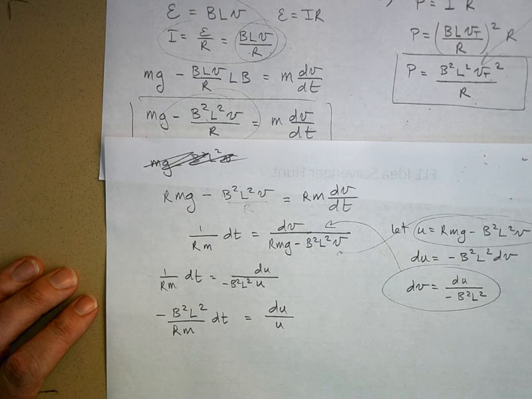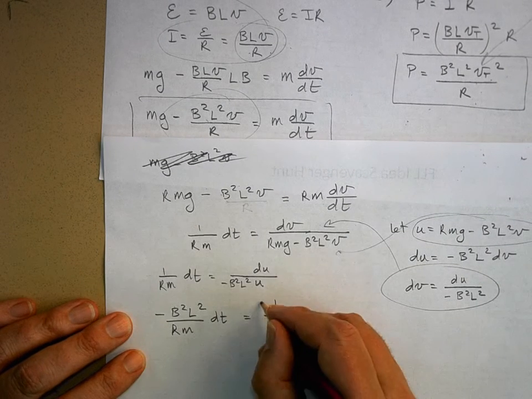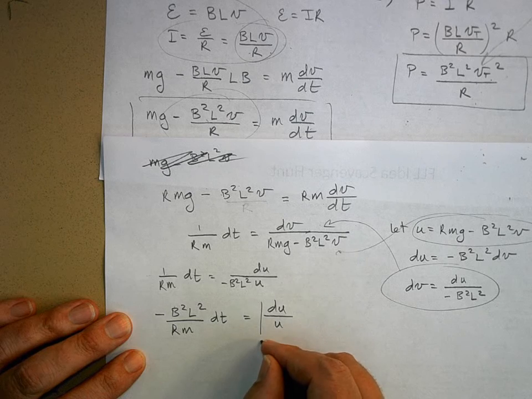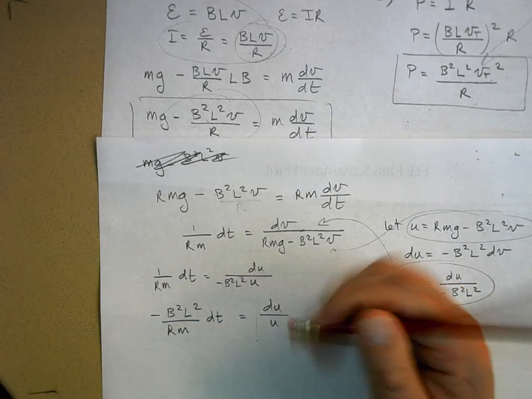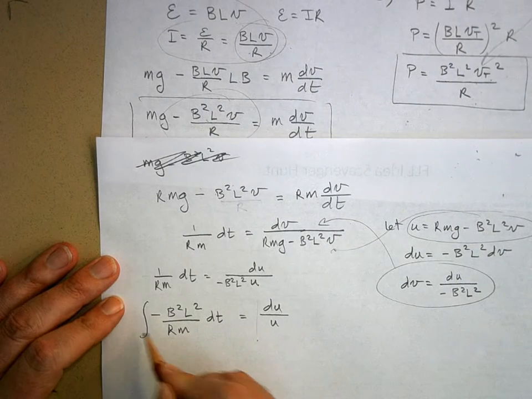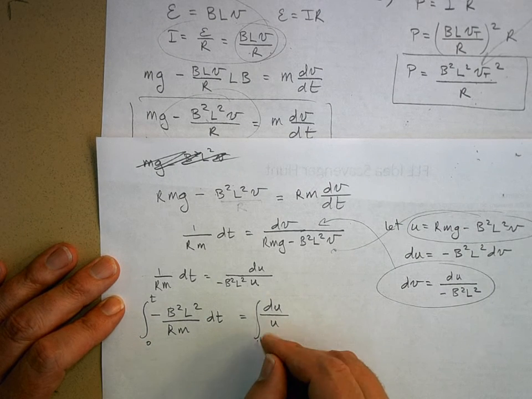Okay, now we integrate, from 0 to t, and then from u naught to u.